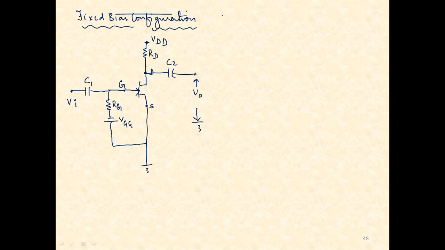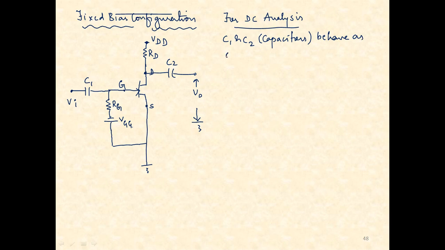Now for DC analysis, we are supposed to consider two important points. For DC analysis, the first point is that C1 and C2, which are the coupling capacitors, behave as open circuits. Why is that? Because we are dealing with DC analysis.